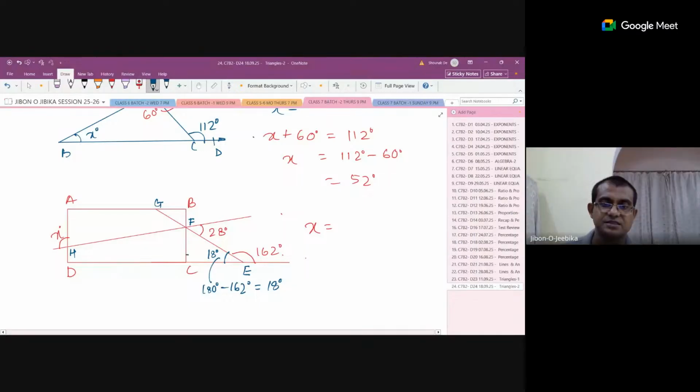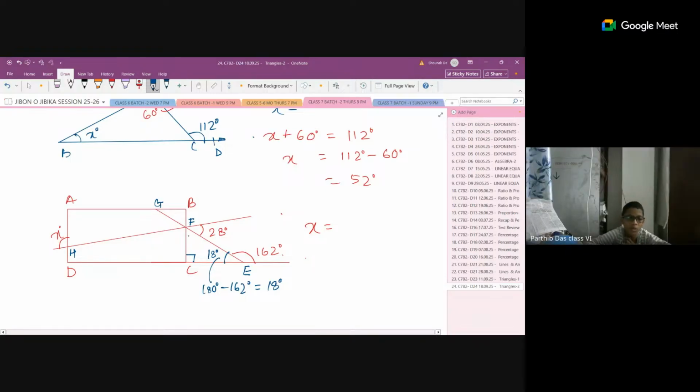So this is already given. If ABCD is a rectangle, then BC will be 90 degree anyway. CFE is equal to 180 minus 90 degree minus 18 degree.